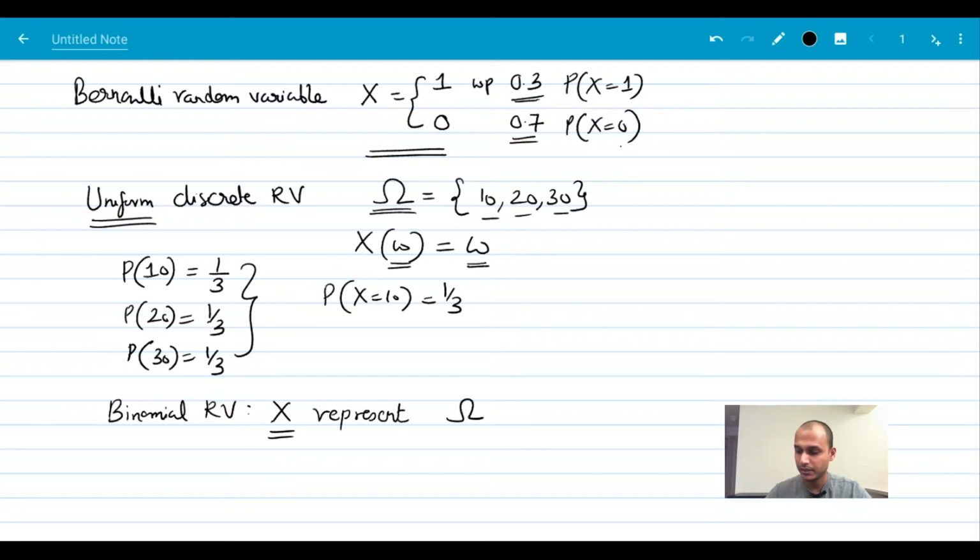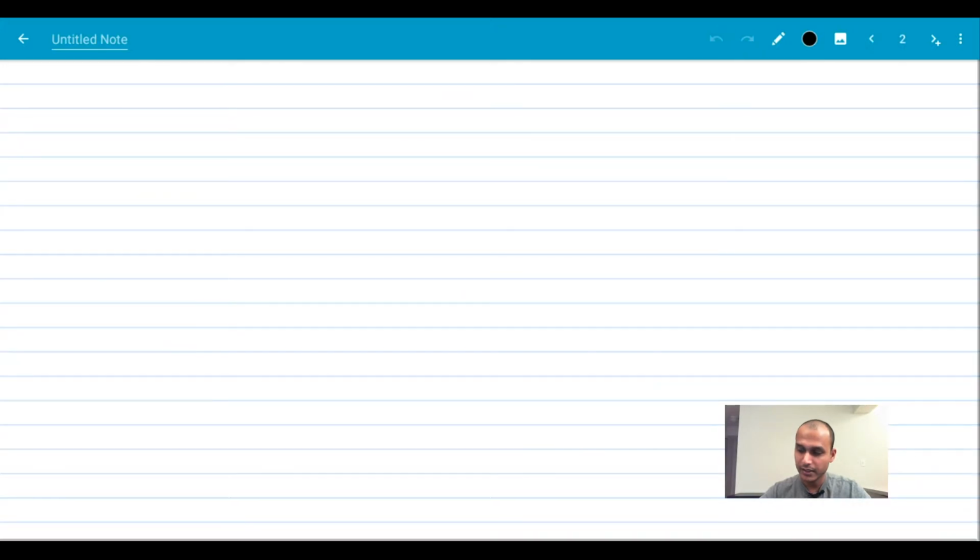The sample space is going to be a set of a bunch of outcomes. In particular, the sample space is going to be a set of sequences of outcomes. Each outcome is a sequence of heads or tails.